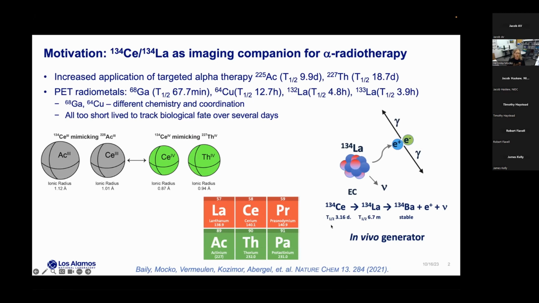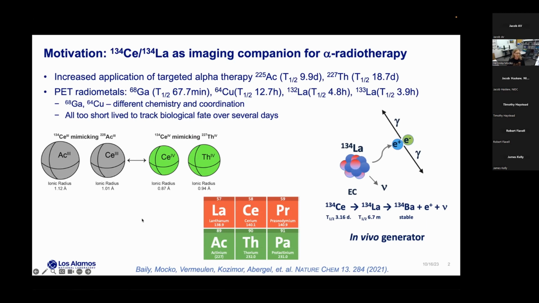Cerium-134 decays in about 3 days to lanthanum-134, which emits a positron, so the system is called an in vivo generator.